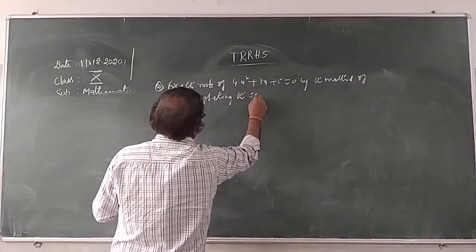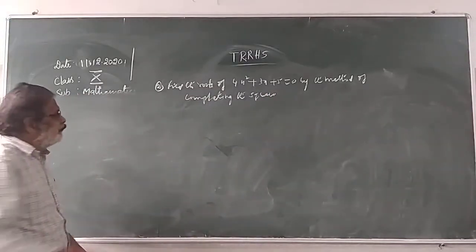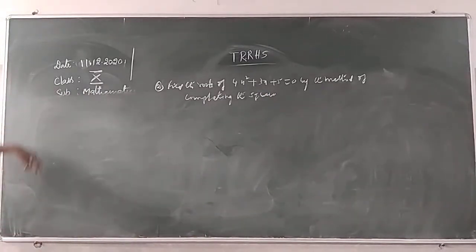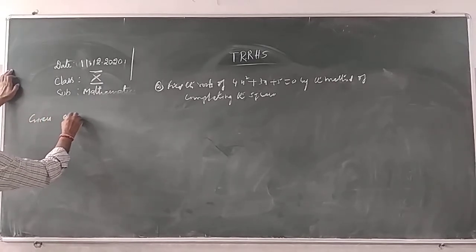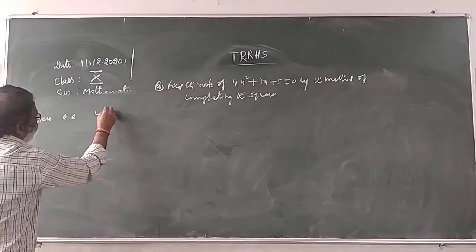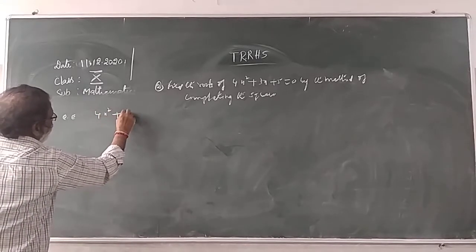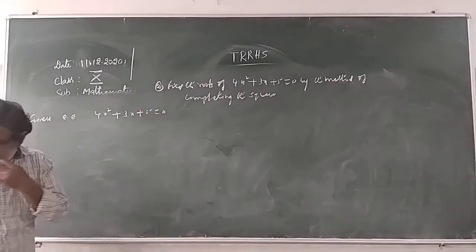Nothing is different, same. I tell from here: the given QE, QE means quadratic equation. Given QE is 4x square plus 3x plus 5 equal to 0.